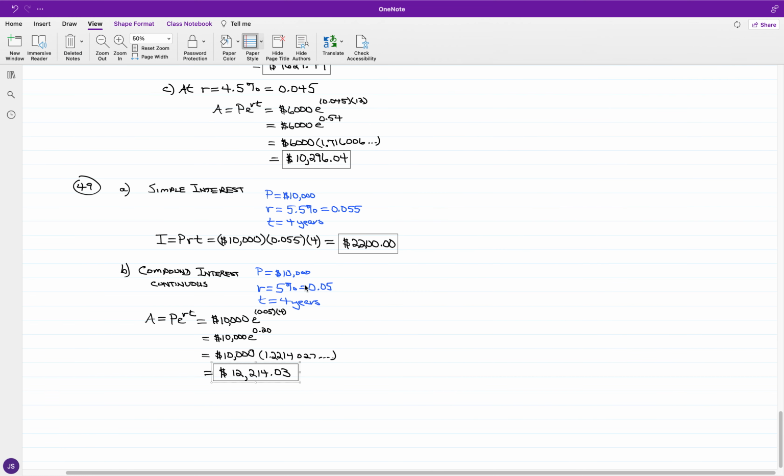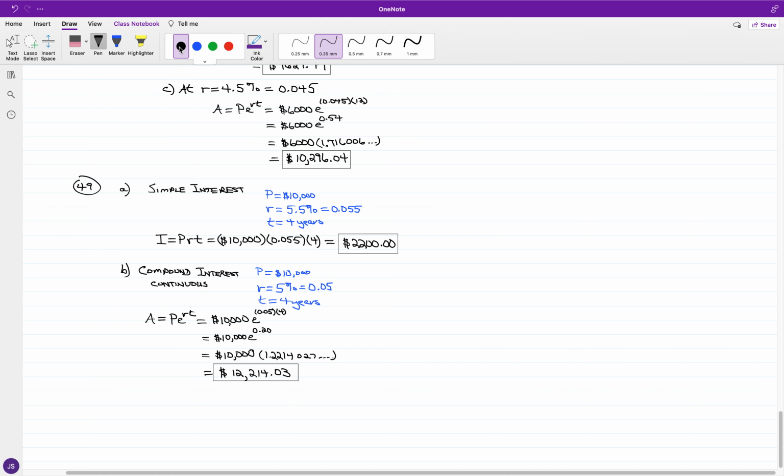So looking at the total on this one, the interest is going to be the difference between the future value and what was borrowed.